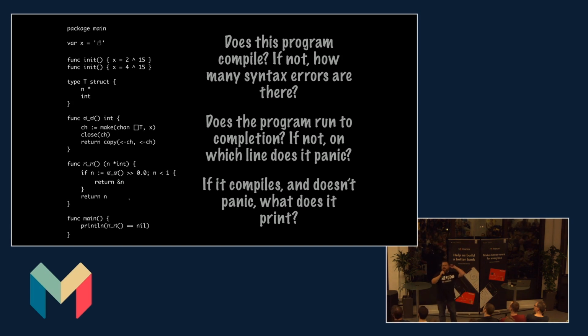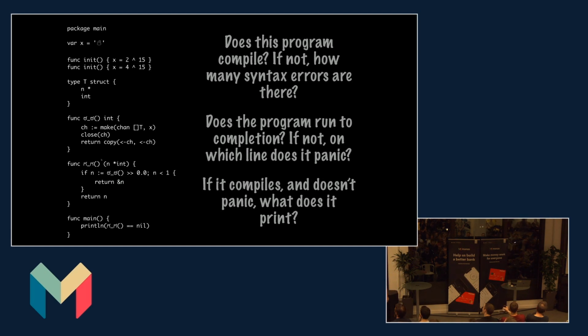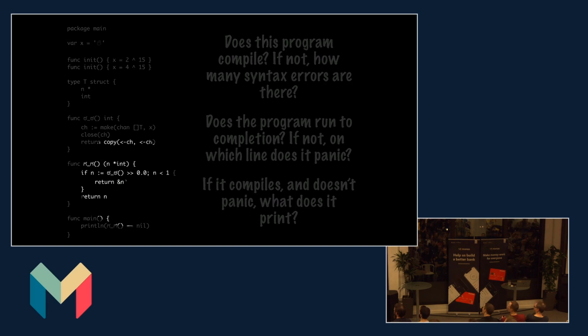Yes, at the back. Question. Yes, here. Okay, so this function teaches us all the evils of using named return values. This n here is not the same as this n here. It is shadowed here.